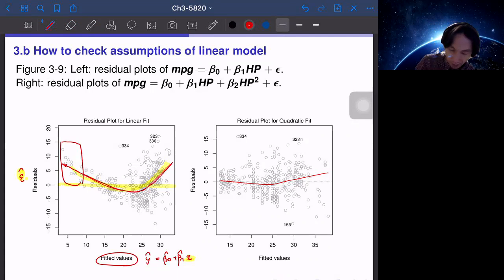You can see some curvature, not a straight line. So that means probably if we include X square in the predictors and we fit Y equal to beta naught plus beta 1 X plus beta 2 X square, then we can explain the Y better.